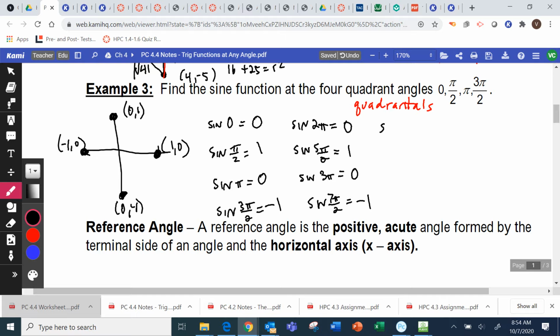What's the sine at 4 pi? What's the next one? Sine at 9 pi over 2. Sine at 5 pi. And then sine at 11 pi over 2.